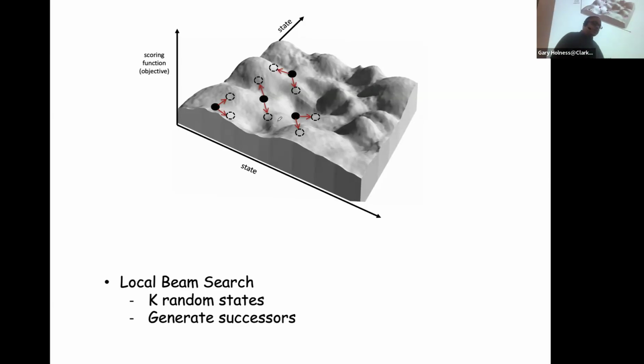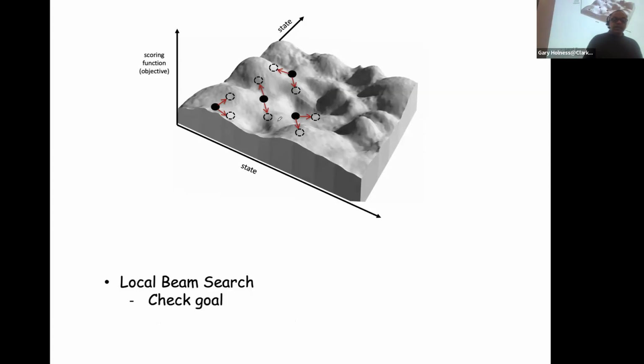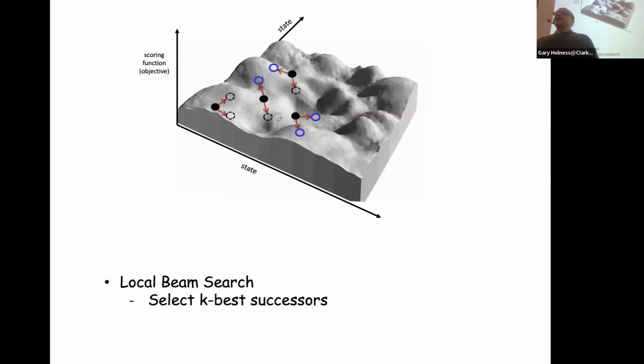Okay. So once you generate their successors, you're going to check to see if one of those successors you generated over these K-many random states is a goal, right? If it's a goal, that's the best case. You end. Then from those successors that you generated, you're going to select the K best of them, holding on to them. And from those K best successors, again, you repeat.